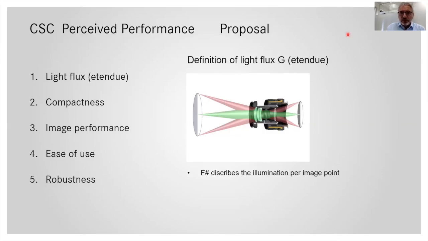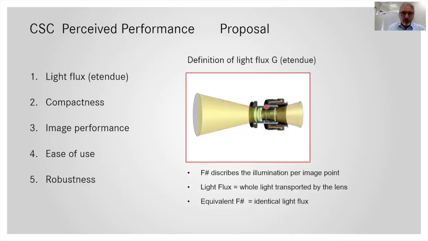The F number describes only the illumination per image point, and light flux describes the whole light which is transported through the optics. This is very important for optical design, and also for the lens use, because light flux is equivalent to the equivalent F number. So which depth of focus can I expect with which light flux in principle? Here is the equation for that, but you do not need to know it.